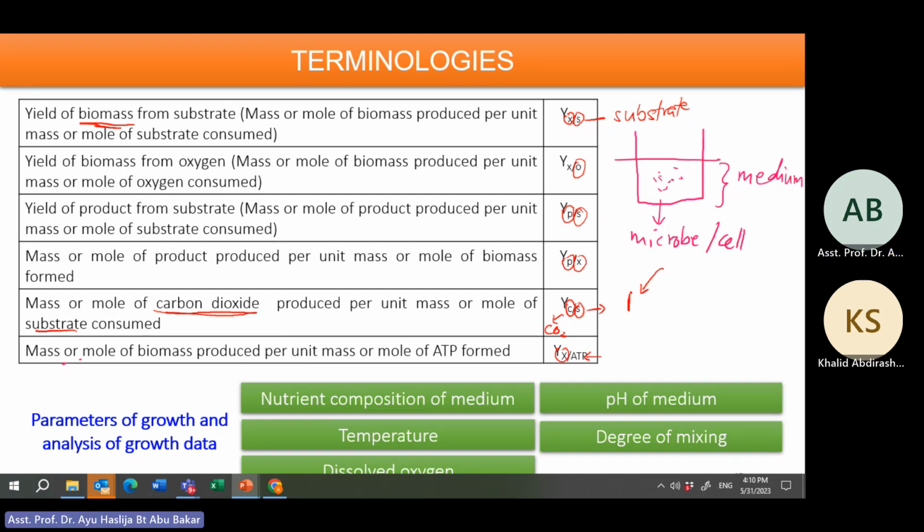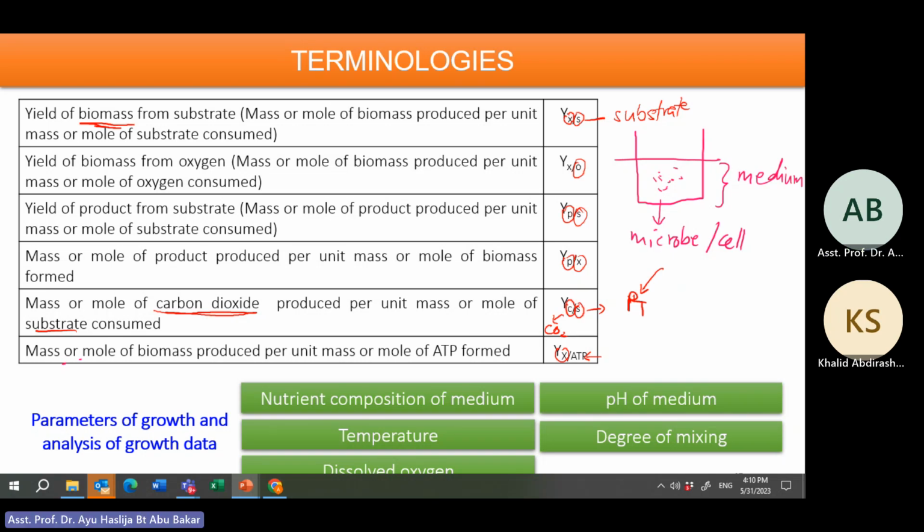But why do you need to monitor the growth of the cell? What will happen if the cell is not growing?